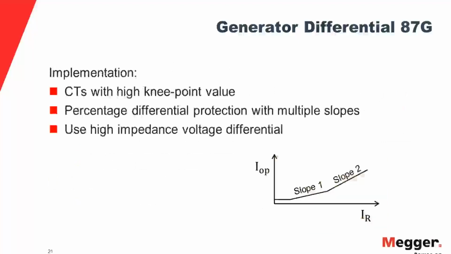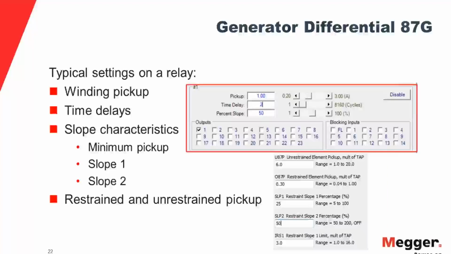How do we overcome these challenges, and how do we implement those differential schemes that we talked about? One thing that we mentioned is high fault current. If there is a high fault current, typically we can use the CTs with a very high knee point value, so the CTs will not saturate for the high fault current.